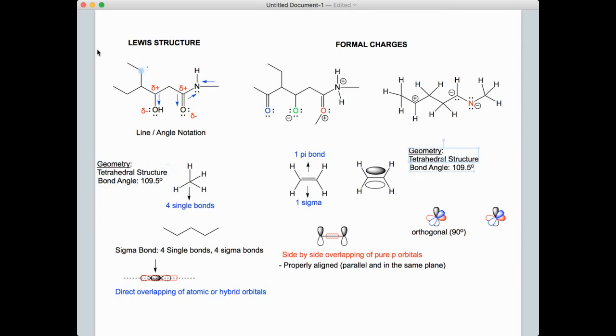So the molecule is really flat. And the angle between each sigma bond is going to be 120 degrees. That's trigonal planar.